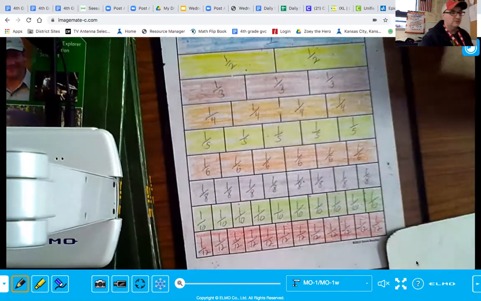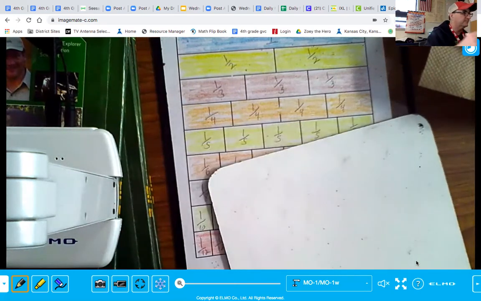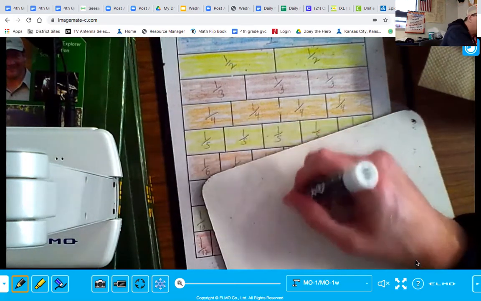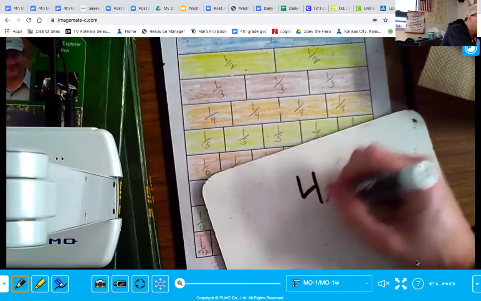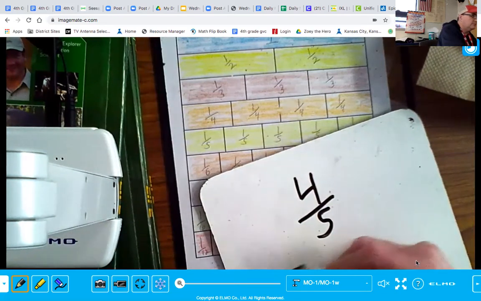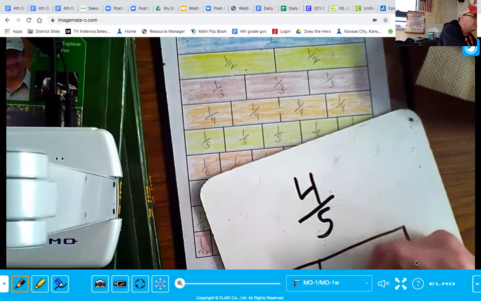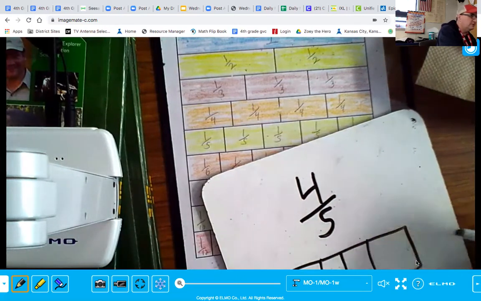So let's start by looking at a fraction. Let's do 4/5, all right? So write that one down, 4/5. And then in your notebook, you can draw 4/5.